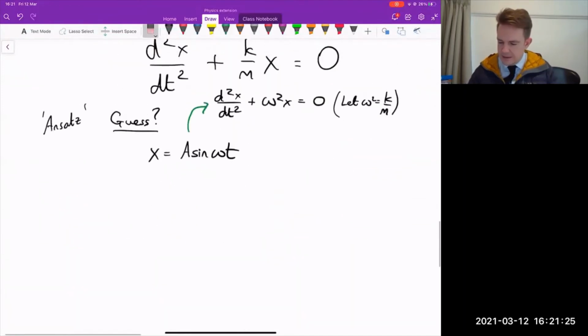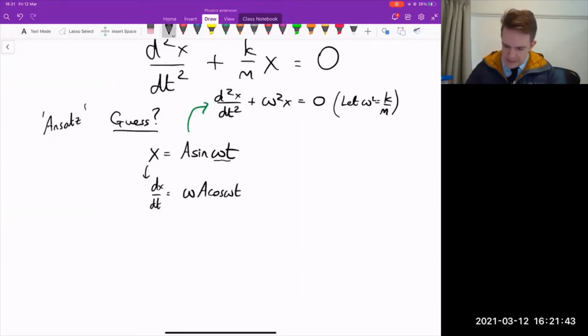What if I differentiate this, dx by dt? Oh, you're first year, so you won't know. I'll tell you, to differentiate sine, you have to use the chain rule. So you differentiate what's in here to get omega, then multiply it by a cos omega t. So sine goes to cos if you differentiate.